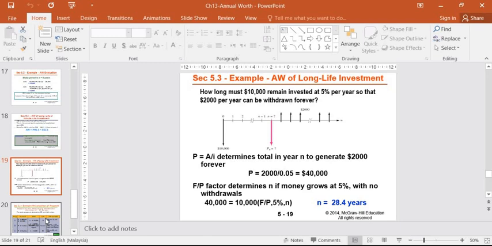Okay. Invest 10,000. So for 28 years, you get 2,000 per year. That's the thing. So you get A. So B is the 40.